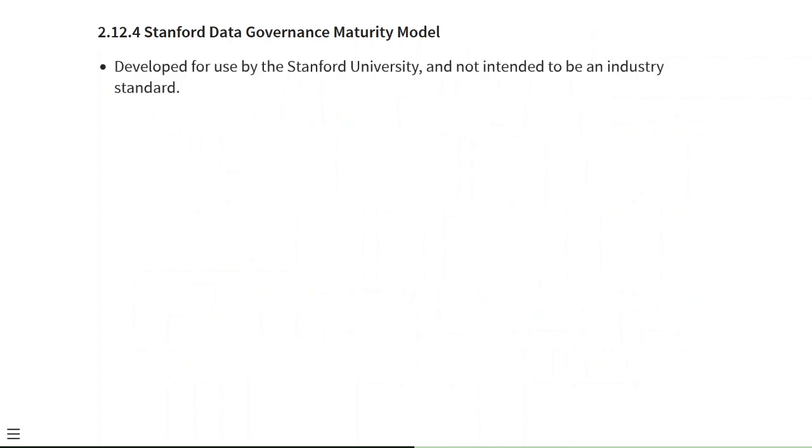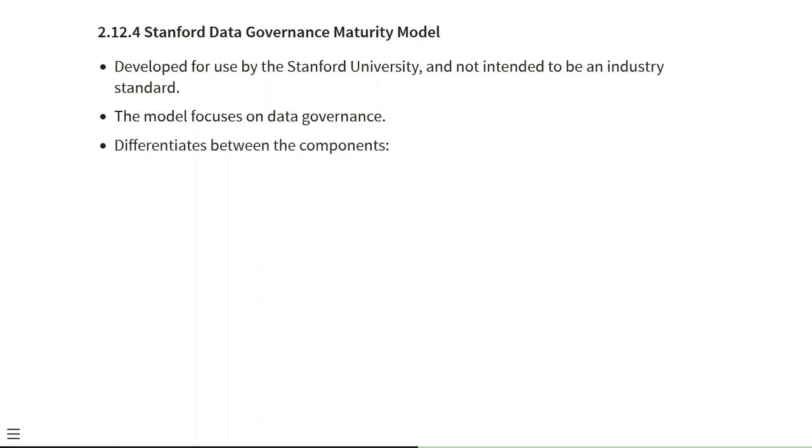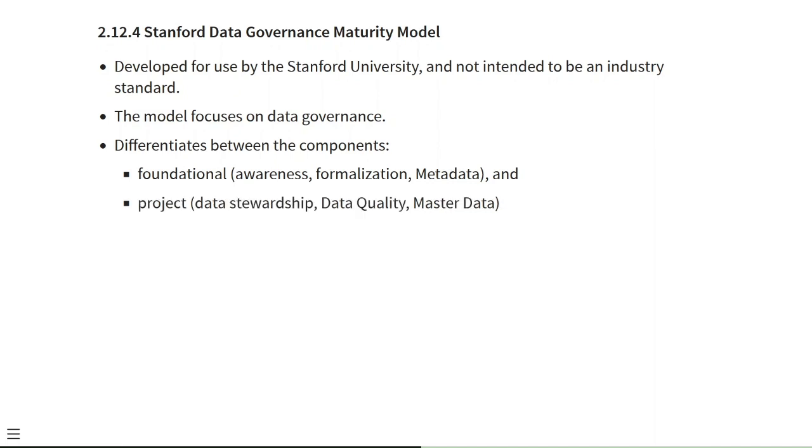The Stanford Data Governance Maturity Model was developed for use by Stanford University and was not intended to be an industry standard. It is, however, rather commonly used. The model focuses on data governance. It differentiates between the components of foundational, including awareness, formalization and metadata, and project, including data stewardship, data quality, and master data.